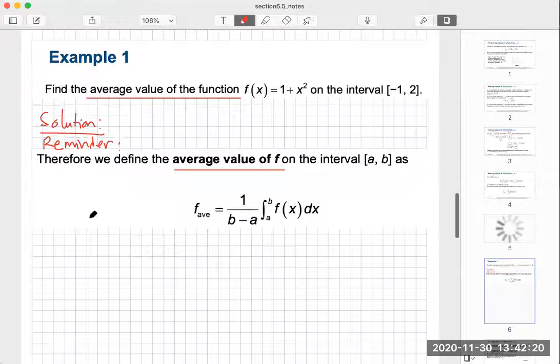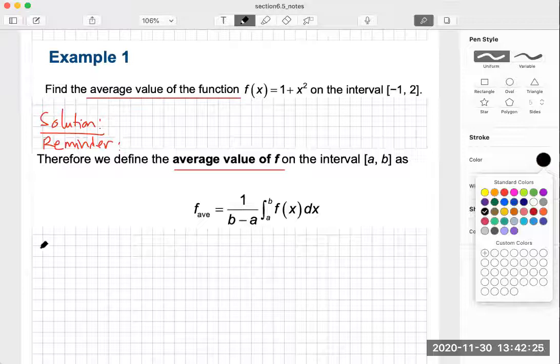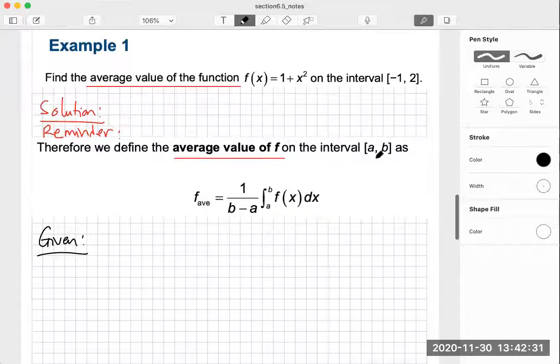So in this case, what is a and what is b? a is -1 and b is 2. Perfect. That is what we are given, right? And we want to compute the average value of f.